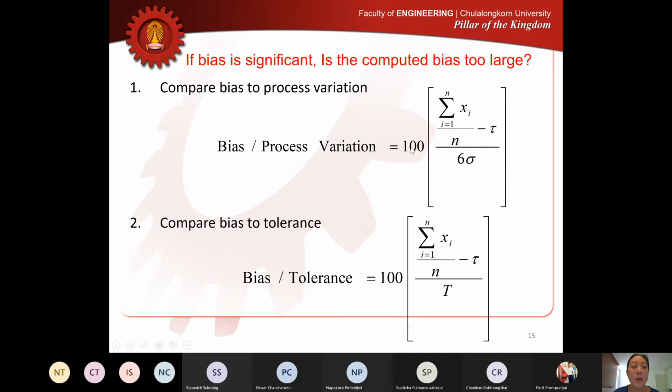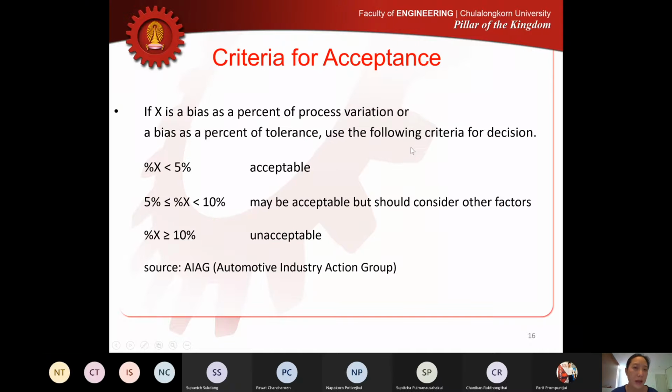Then we will compare the percentage with the criteria for acceptance. For example, if the percentage of bias over process variation is less than 5%, generally we will accept that the amount of bias is pretty small, and we can accept it.